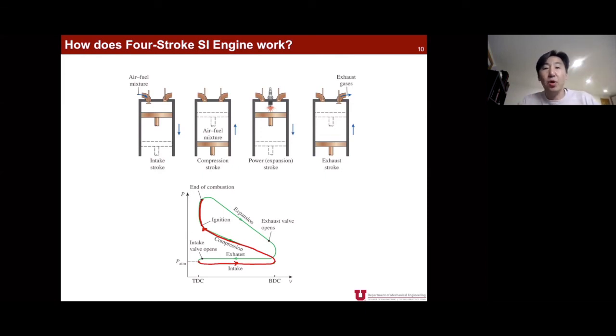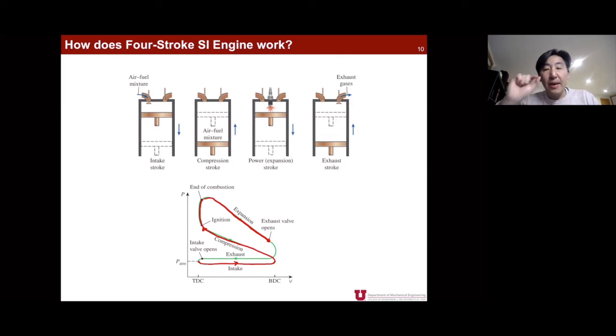And it's so strong that it pushes the piston back to the bottom during the expansion. Obviously during the expansion, we also have a certain pressure decrease, and that's why we have that kind of curve here. Right before the piston goes to the BDC, the exhaust valve is designed to open a little early.